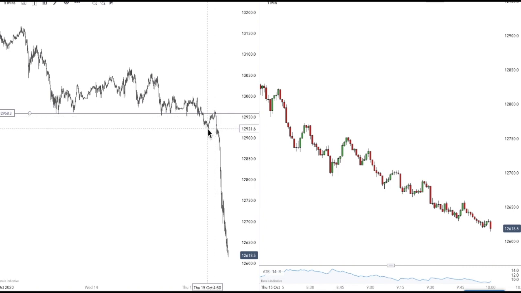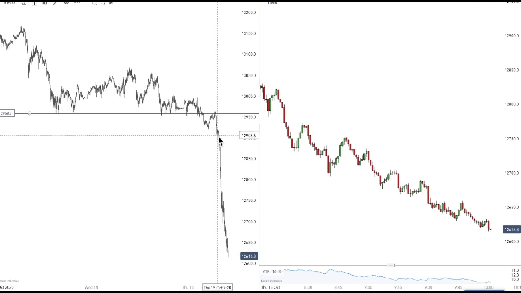When this area was broken to the downside, that's when everybody decided to go short. This is near a big round number level of 13,000 in this market, and it's been in a downtrend all morning. This is called a breakout, and provides good shorts on a shorter time frame.